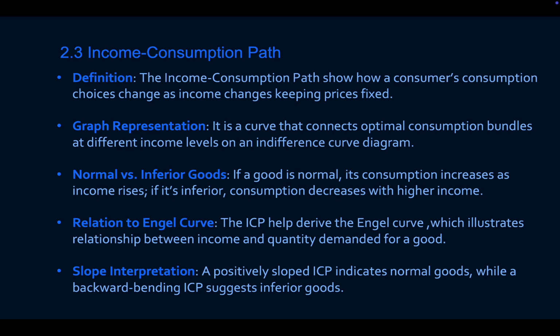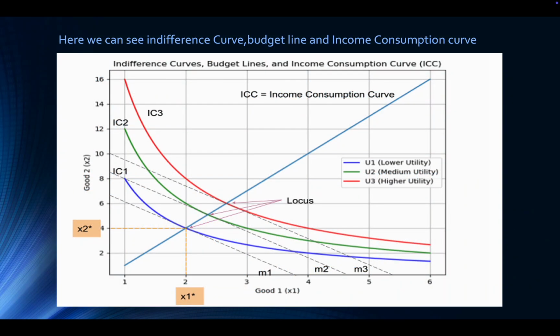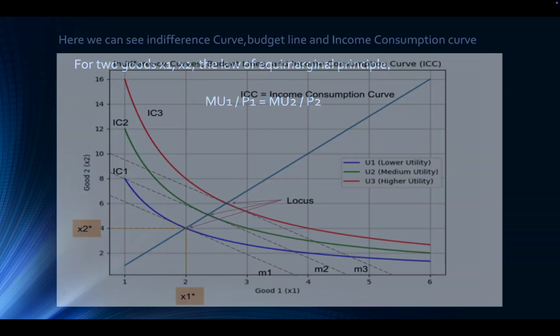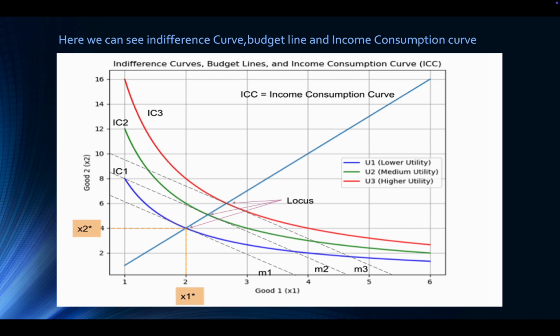The income consumption path illustrates how a consumer's optimal consumption bundle changes as their income increases while prices remain constant. So here we can see a graph. The graph shows three different indifference curves: IC1, IC2, and IC3.